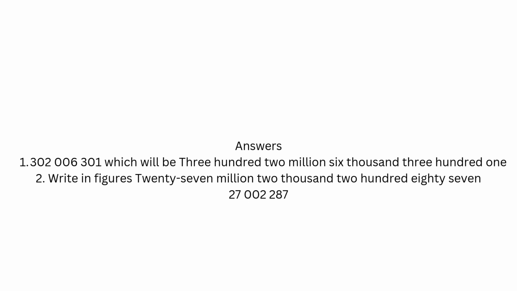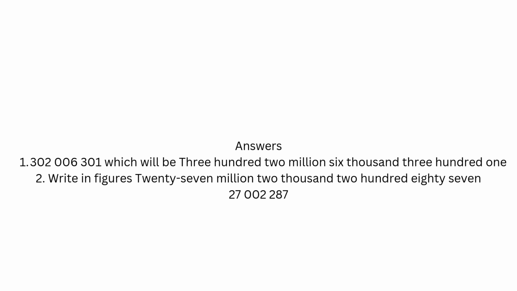And when you write it in words, we just read what we have in the bigger parts. This part, the last one, we have 302. You just write 302, and you add million because this 302 belongs to millions. So it is 302,006,301.